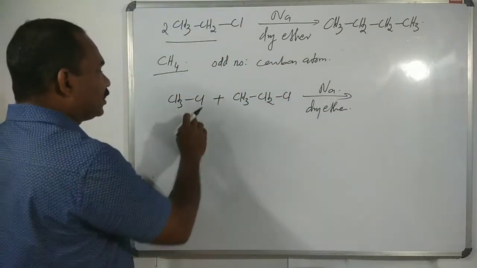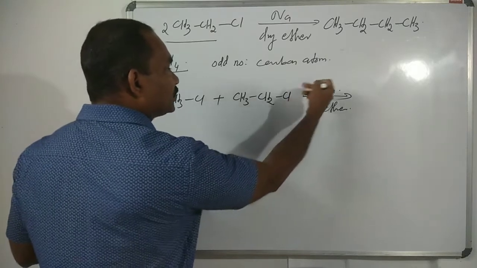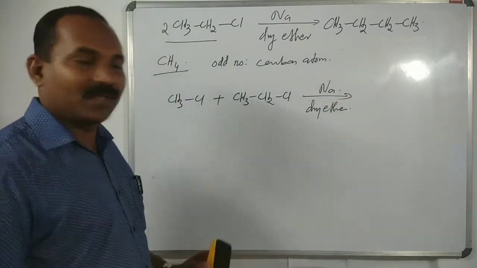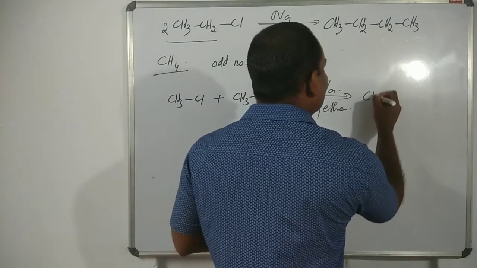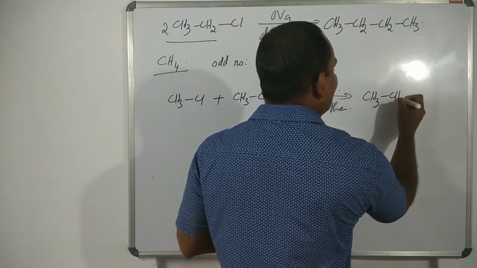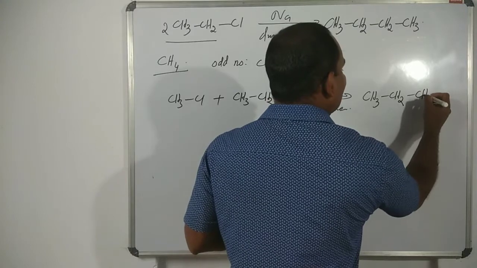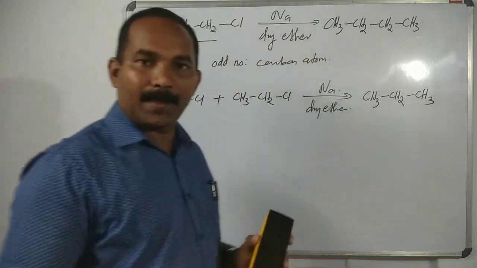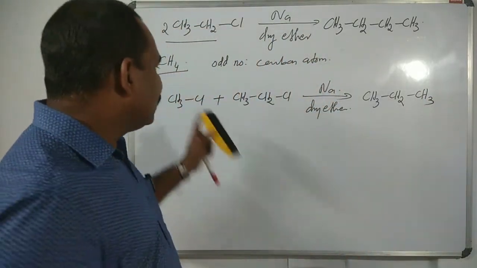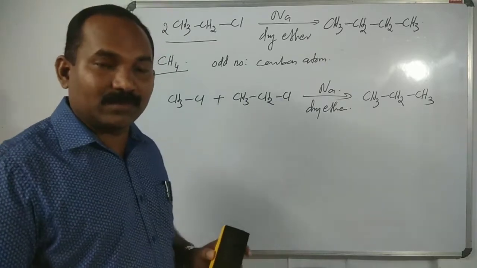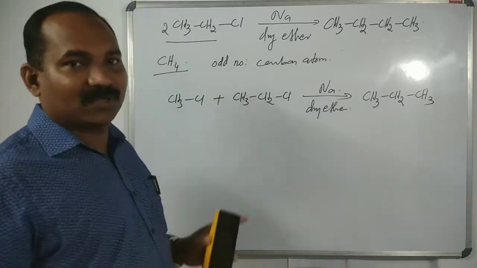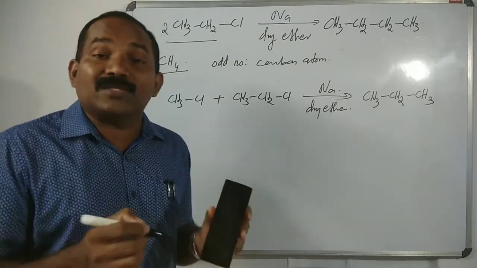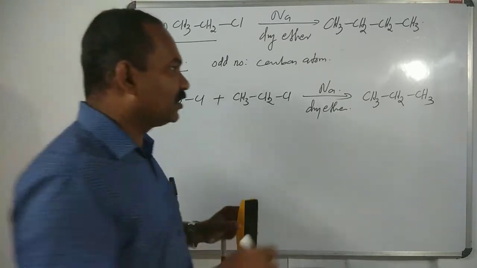Usually the students think the two chlorine atoms are taken by sodium and the methyl group and ethyl group combine to form CH3CH2CH3. This is expected, but the problem is that this is a mixture, so we cannot control the reaction.